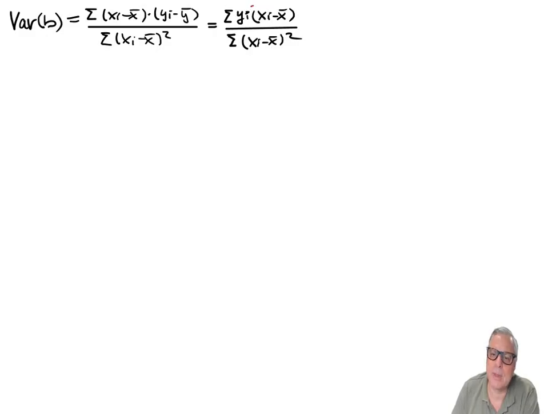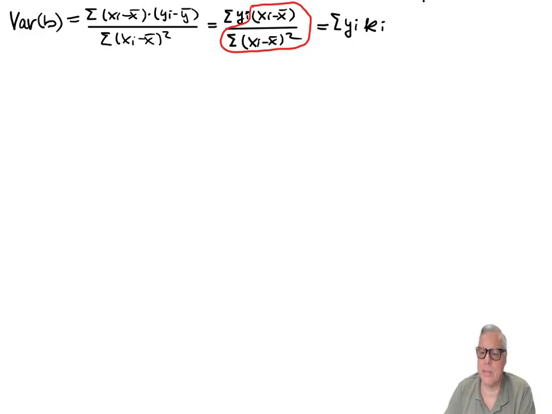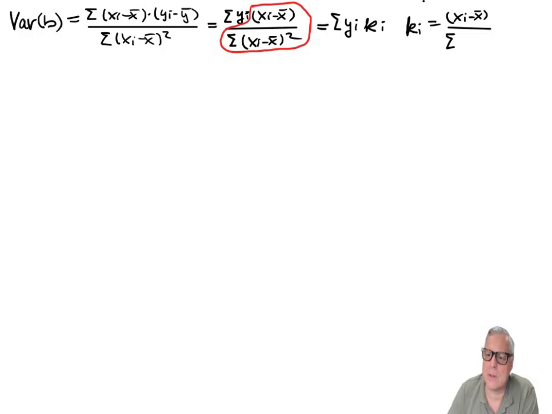So that's why this red part becomes a constant, and our variance of b can then be simplified to the sum of yi times ki, with ki being xi minus x bar over the sum of xi minus x bar squared.